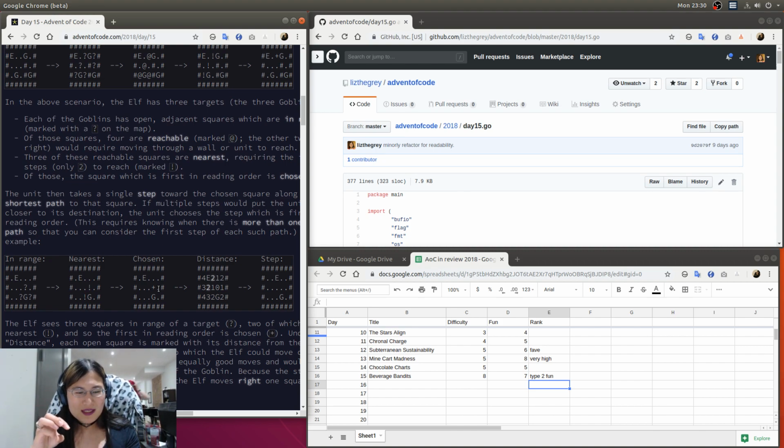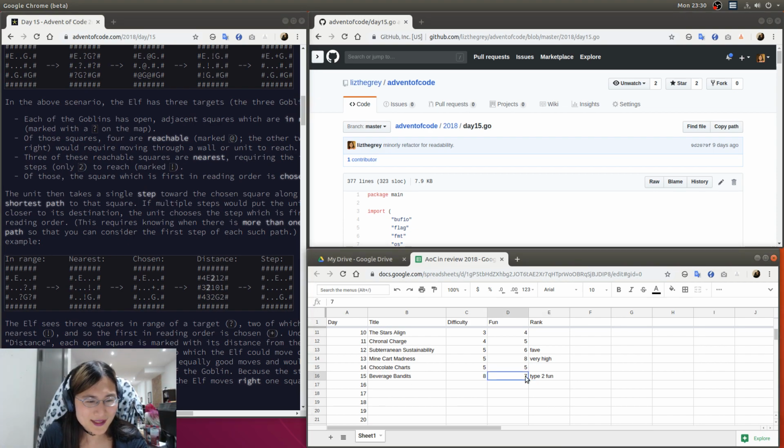Or, if you killed all the units of a type, and you still have one more unit of the opposing side that can go, then it might end on that turn. So that really threw me, and that, I think, was the frustrating part about this puzzle. It was that there were so many nitty-gritty details.